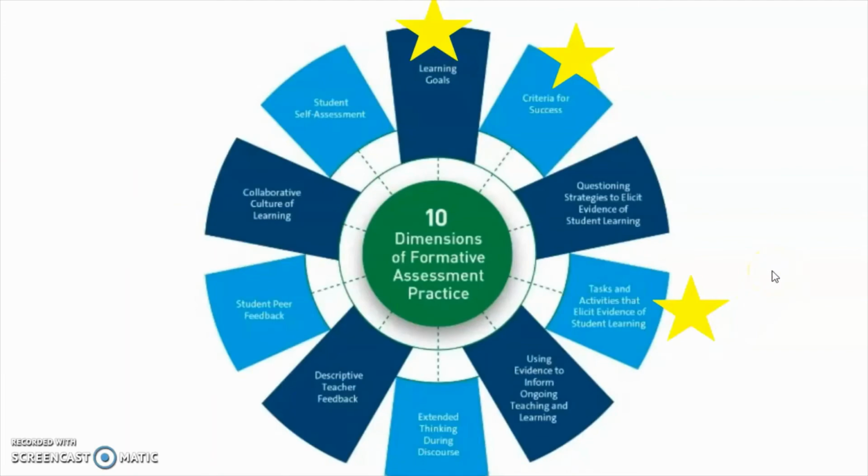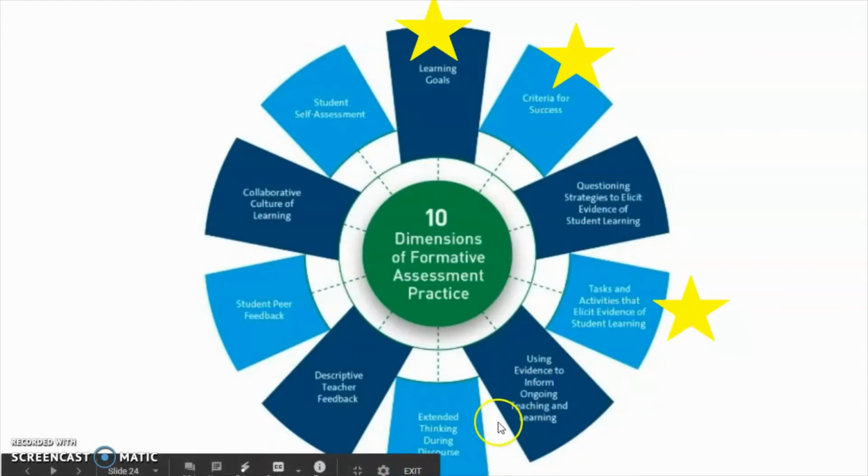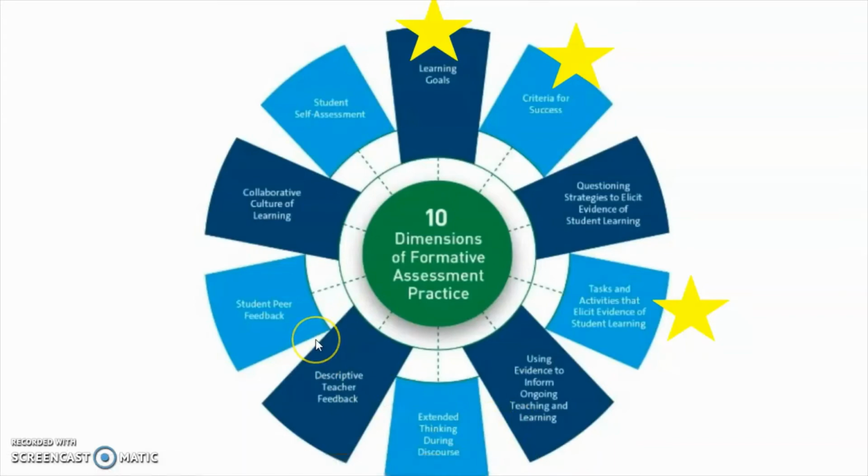Okay, and here are the dimensions of formative assessment. Again, those three things are identified here with stars, and then it also includes the other things. After you've mastered these three areas, you can go on to perfecting more questioning strategies for student learning, using evidence to inform ongoing teaching and learning, student peer feedback, a collaborative culture of learning, and student self-assessment.